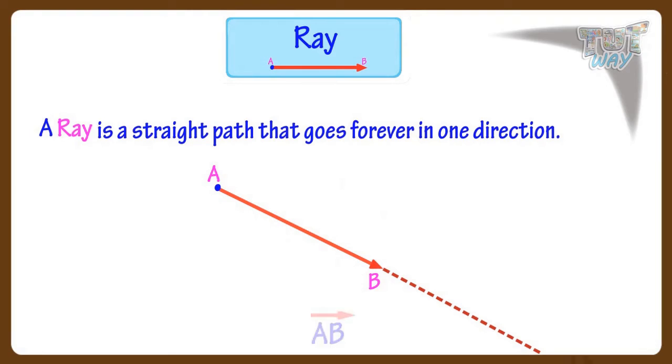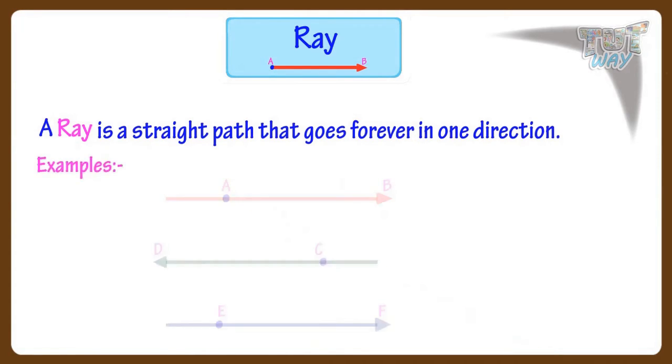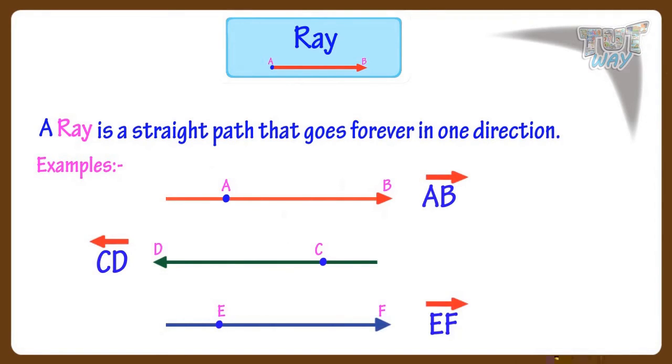It is named like this. The symbol on top of the name shows that this is a ray starting from A and going forever in direction B. Here are more examples of rays, and they will be named like this.